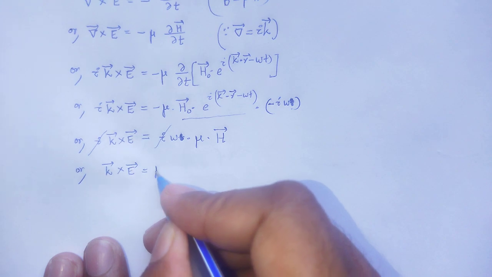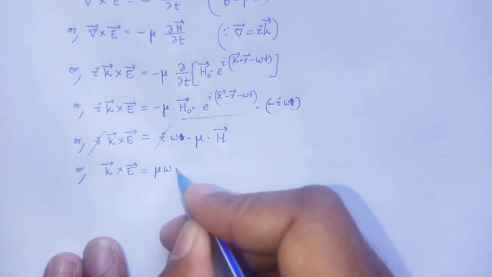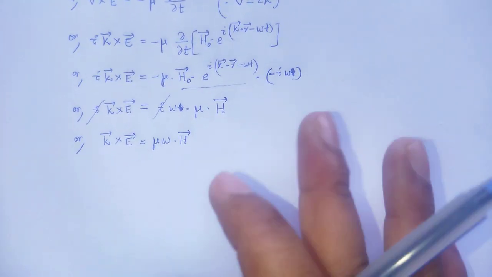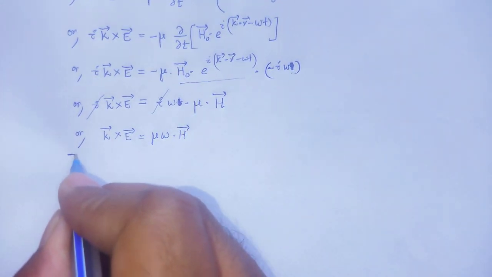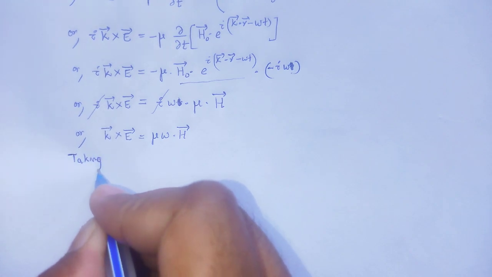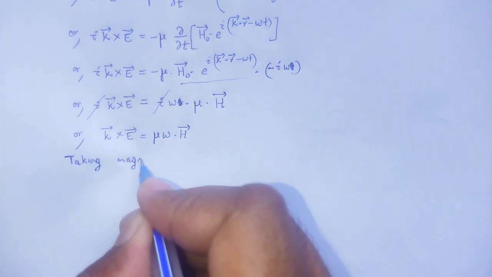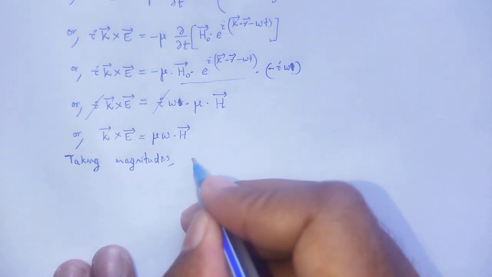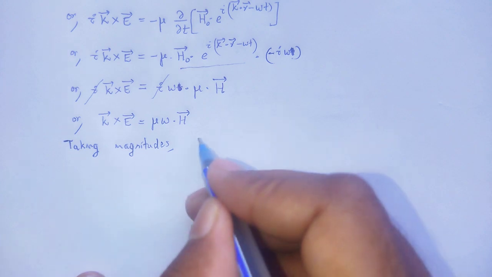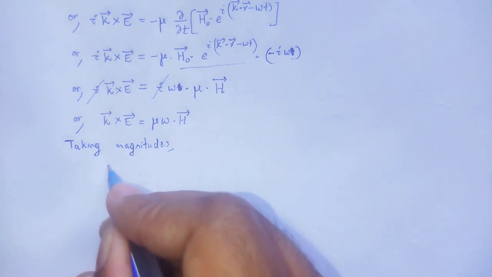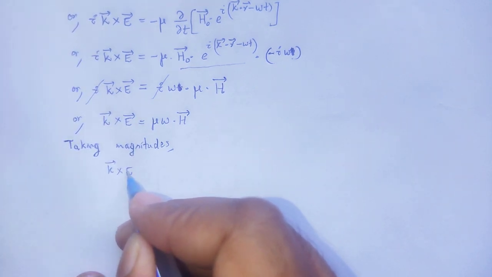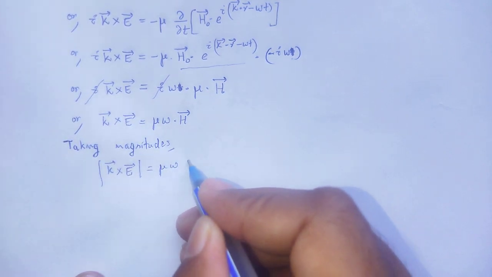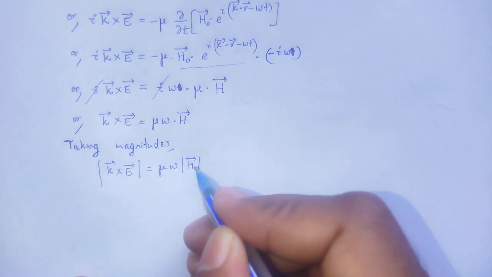So mu omega H vector. Taking magnitudes, we have k cross E vector magnitude as mu omega H vector magnitude.